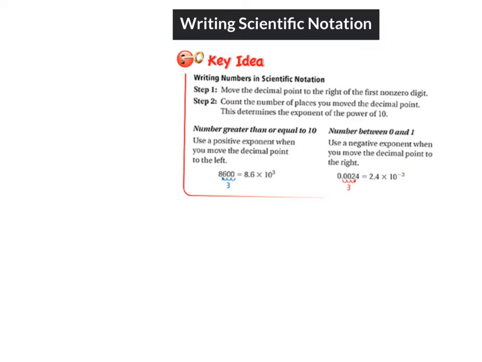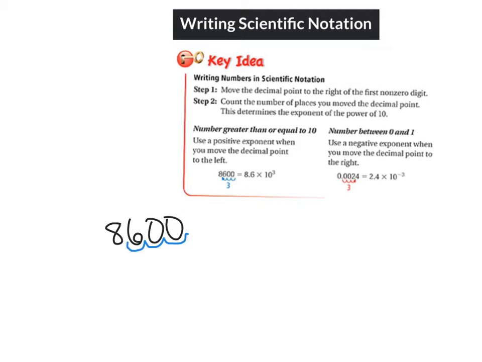So they give you two examples here. I'm going to go ahead and rewrite them so they're easier to see. If you start with the number 8600, we have an imaginary decimal here at the end of this. So you're going to move it so there's only one number to the left of the decimal. So I'm going to go 1, 2, 3.